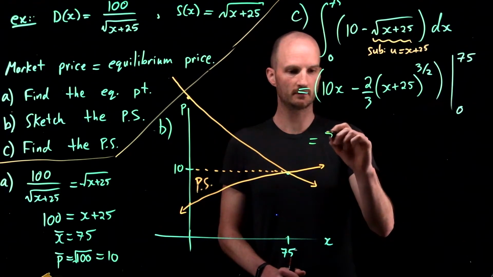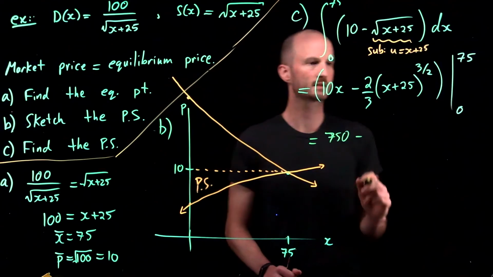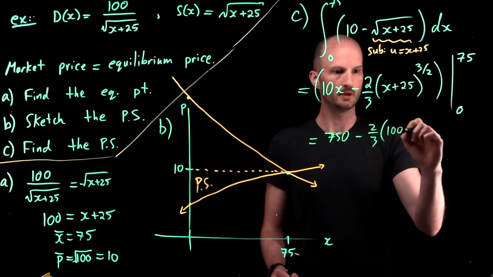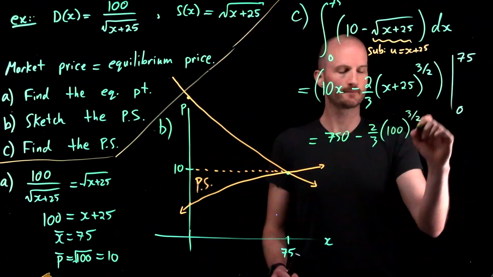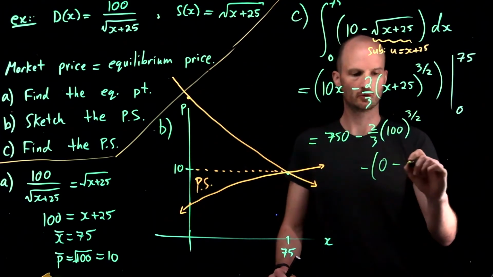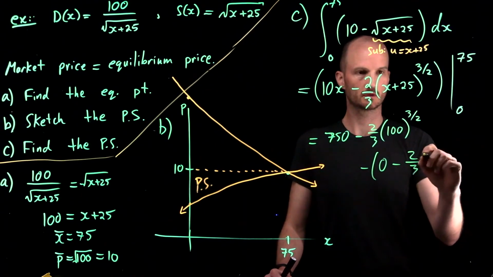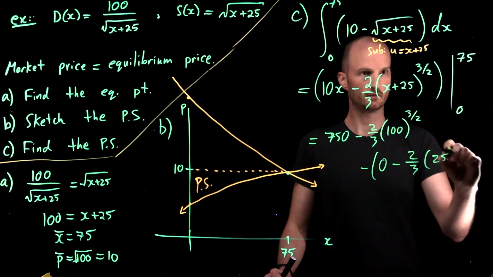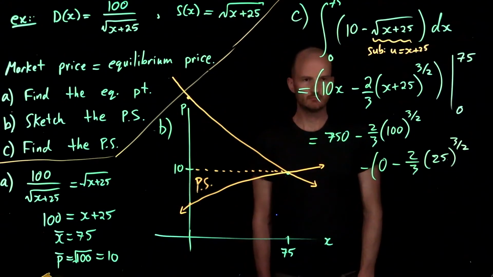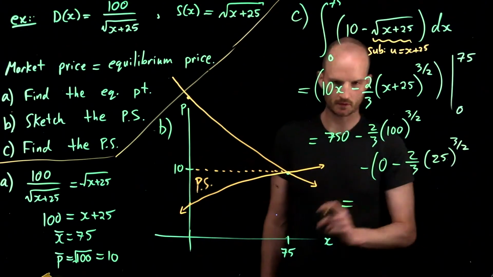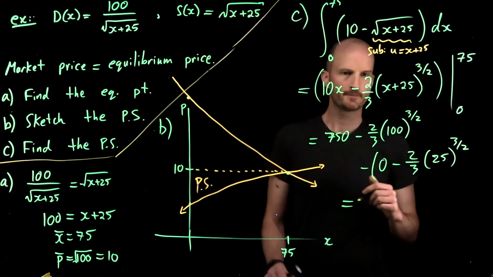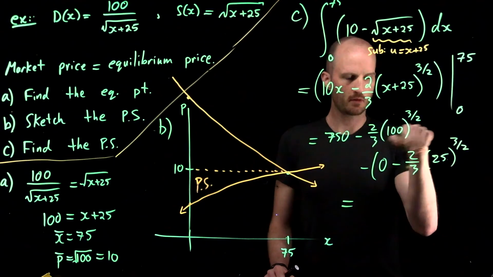And then I plug in my 75. What do I get? 750 minus 2/3 of 100 to the 3/2, minus 0 minus 2/3 of 25 to the 3/2. Okay, let's see if I can do this without screwing up. 750 minus 100 to the 3/2.